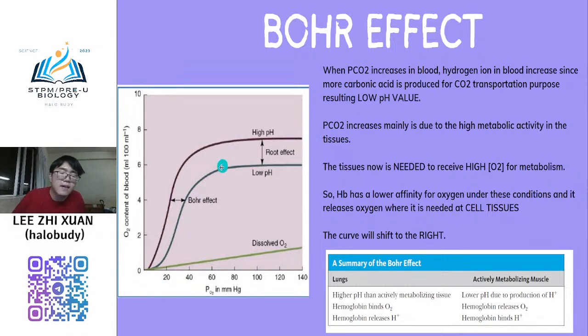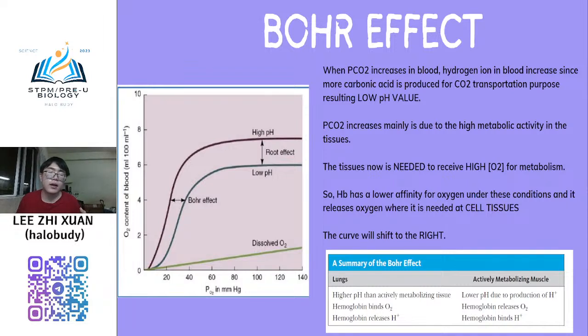Sorry, so your curve shifts to the right hand side, not left. When it shifts to the right hand side, your hemoglobin now has lower affinity toward the oxygen.